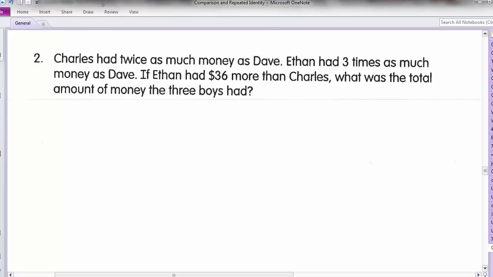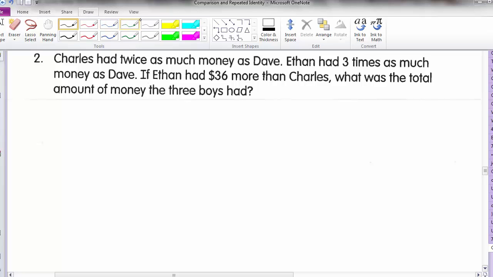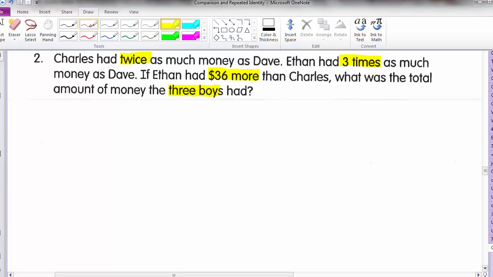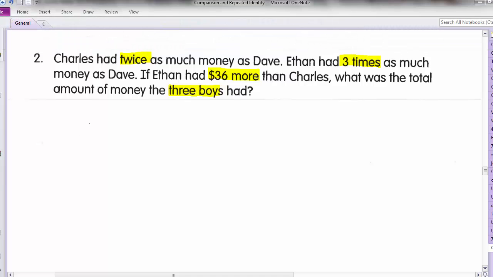Alright, question 2. Charles twice Dave, Ethan 3 times Dave, Ethan $36 more than Charles, total that the 3 boys had. So same thing, let's try and draw the model. Charles twice of Dave.